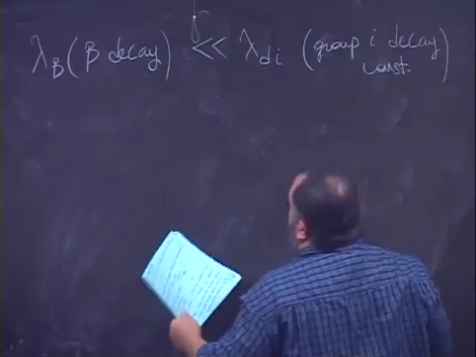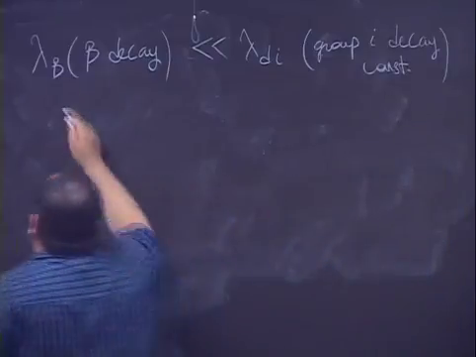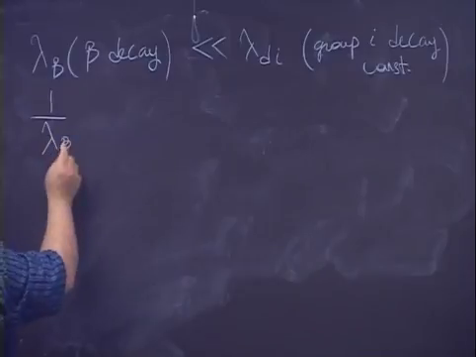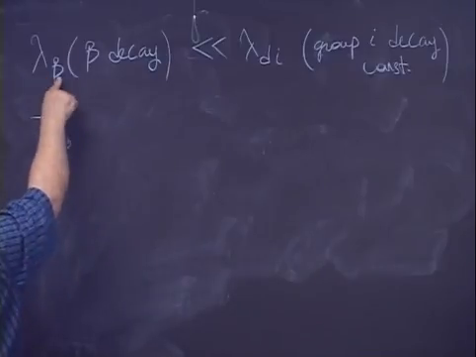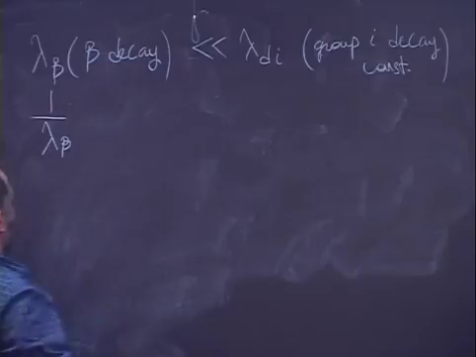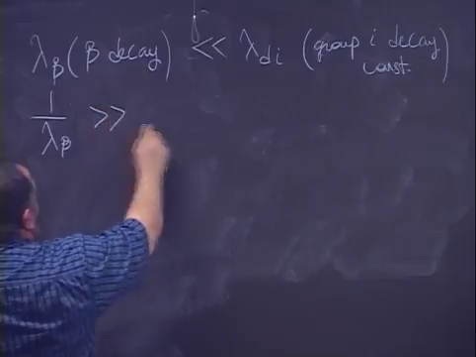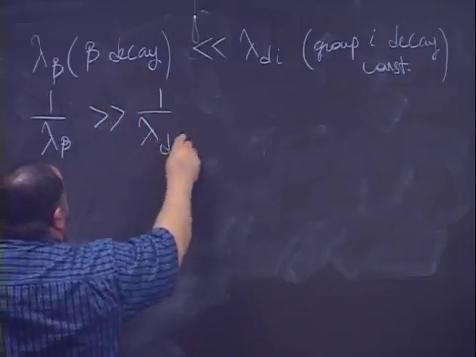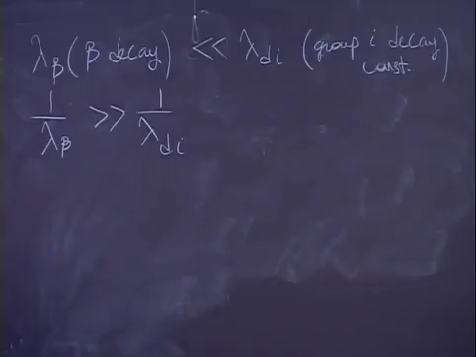So 1 over lambda for the beta decay, this is not the beta fraction. This is not the prompt neutron, the delayed neutron fraction. This is beta decay. So 1 over lambda will be much larger than 1 over lambda here, the inverse, yes?